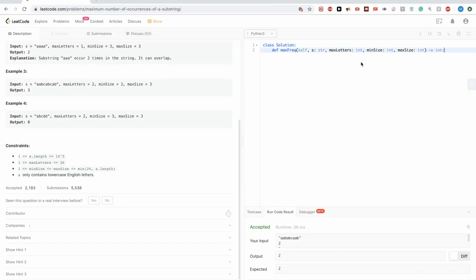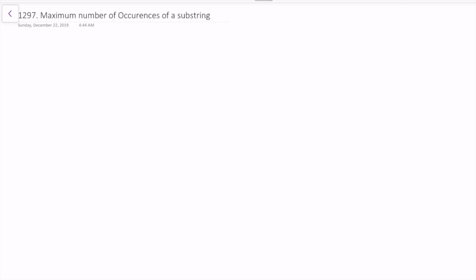So let's see how we can solve this. Okay, so how can we solve this problem? The rules that the problem gives us are the following. We want the maximum number of occurrences of a substring.